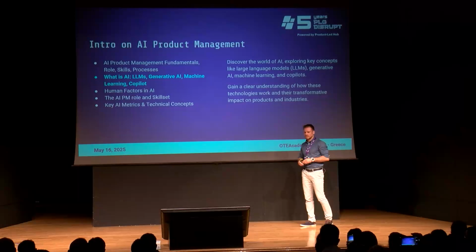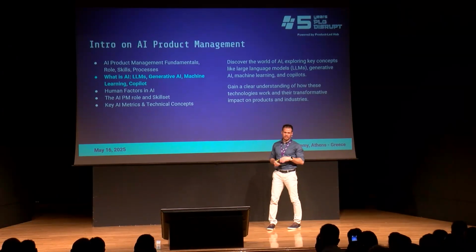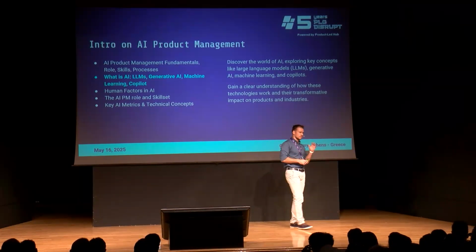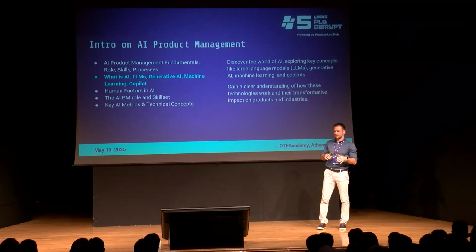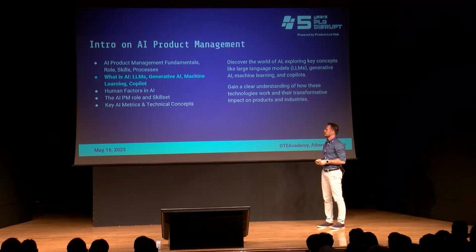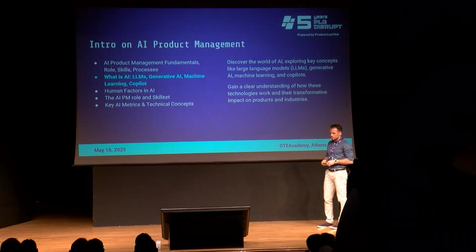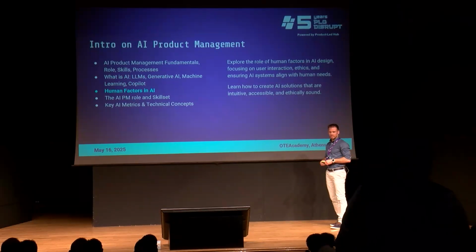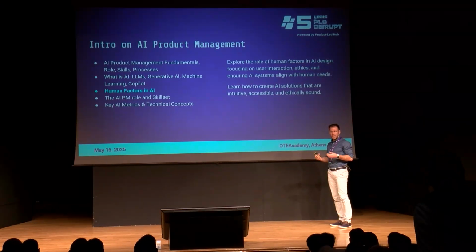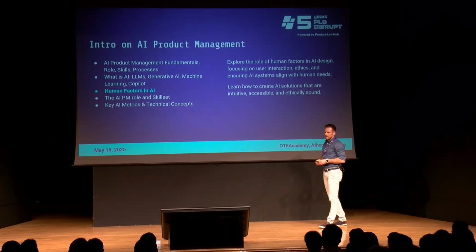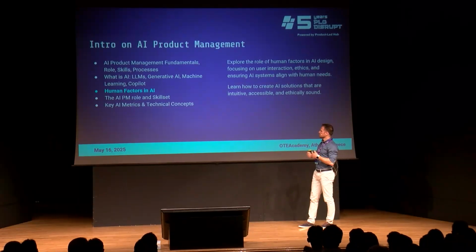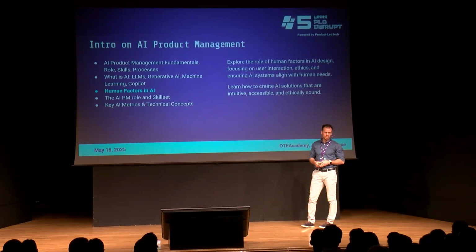The models, generative AI, machine learning, copilot, agents, agentic, bias, everything else that we have here in AI. We'll talk about the human factors in AI, how this affects, how we affect actually the AI, and the role of the human for the people, with the people.